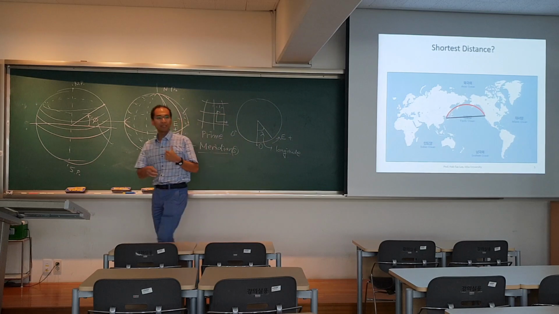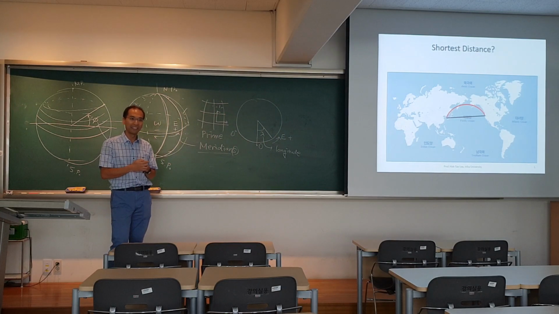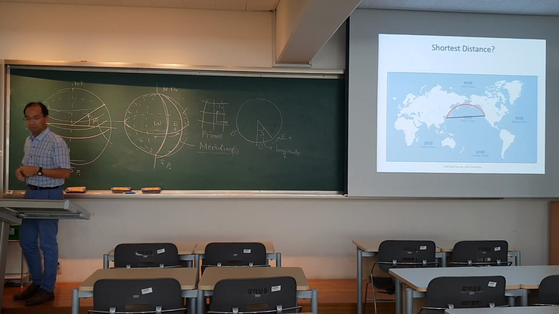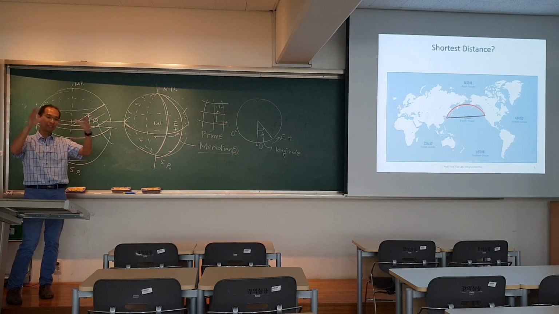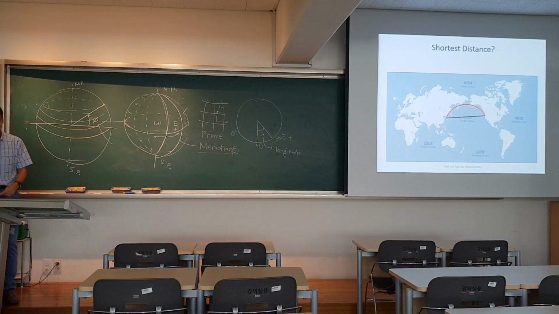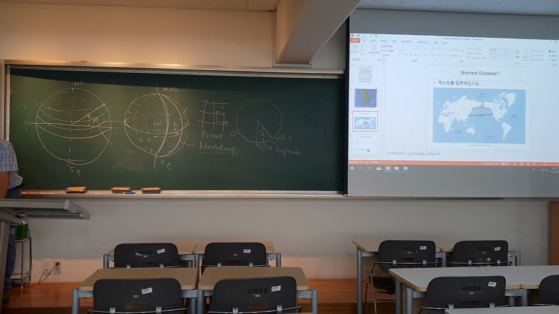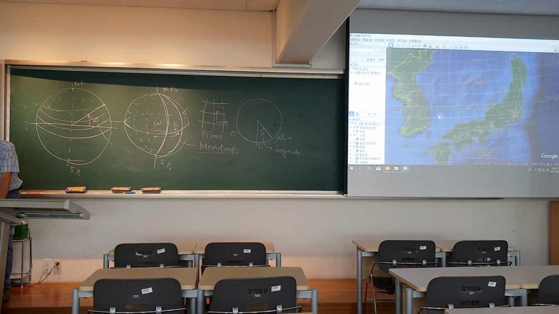The red line is actually shorter. And that's pretty obvious if you get the model of the globe and if you rotate it around. But on this map, it's very counterintuitive. So let's look at the Earth again.